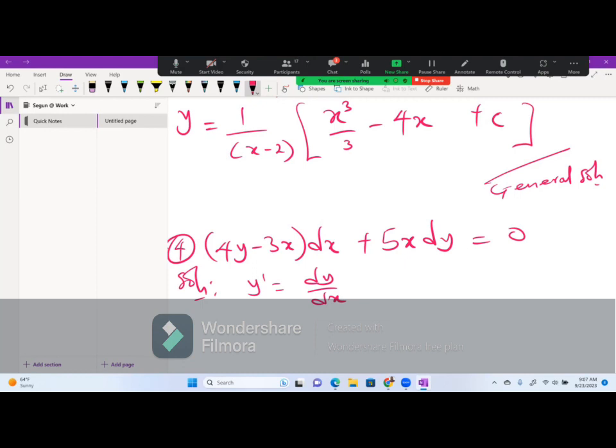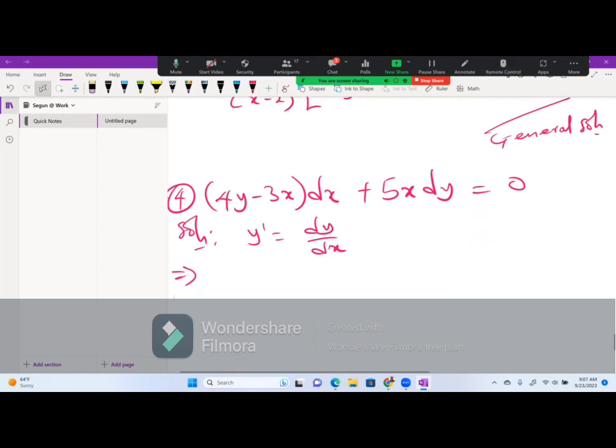Then, if you know y prime is dy over dx, what do I need to do in this case? It's very simple. I will need to find my dy over dx. What I need to do is to divide both sides by dx. Let me help you. Divide both sides by dx.